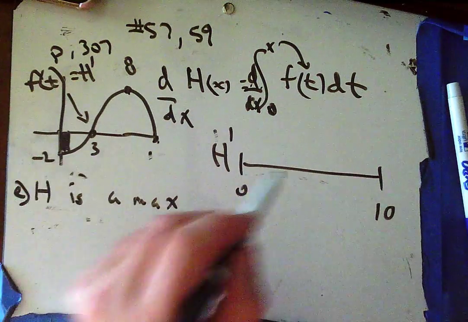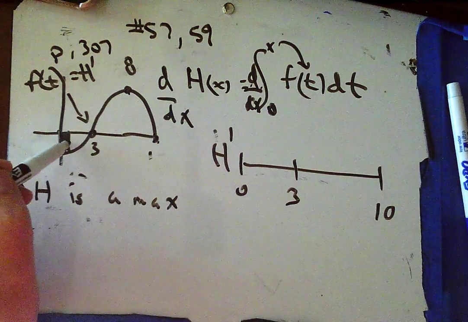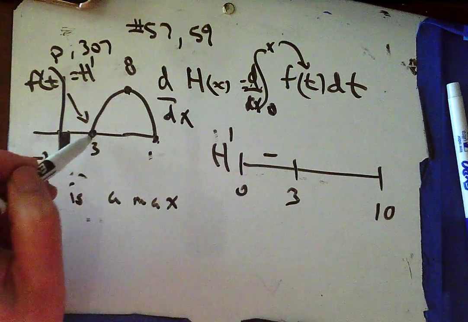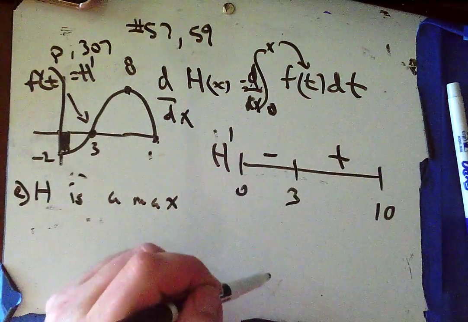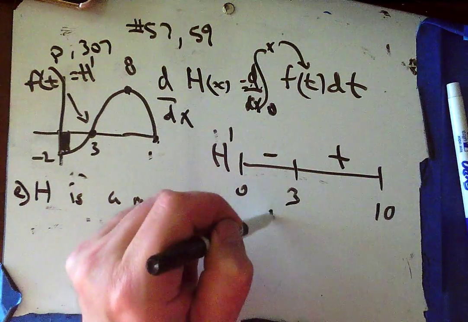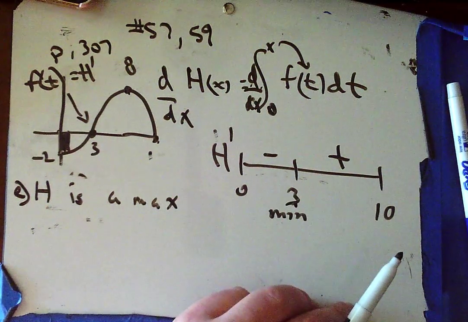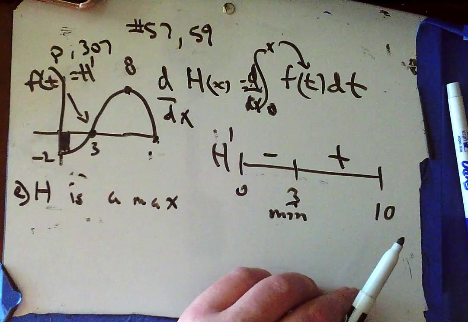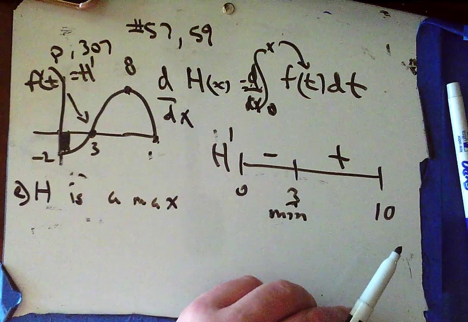Ooh, look, here's a critical value at 3. But wait a moment. H prime is negative to the left of 3. H prime is positive to the right of 3. And this is an indication of a minimum at x equals 3, not a maximum. And we were asked to find where h has its maximum value.